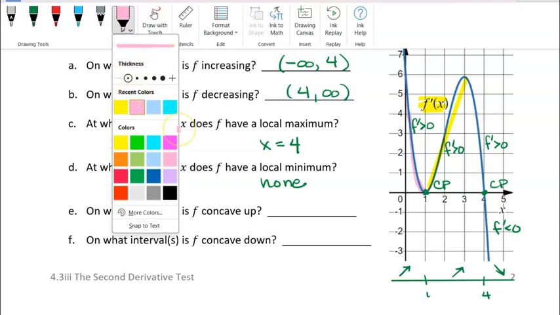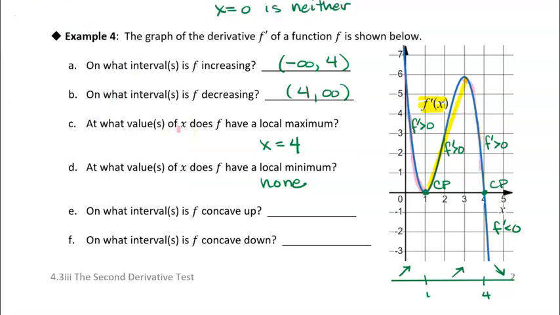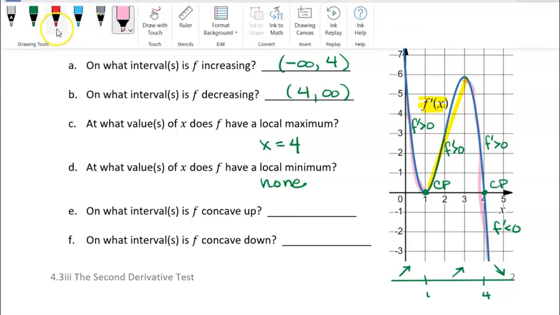This portion of the curve, it looks like the slope is negative, and so the slope of the derivative is negative, meaning the second derivative is negative. So this is telling us the concavity. The slope of the first derivative is the second derivative, and if the slope is negative, then the second derivative is negative.